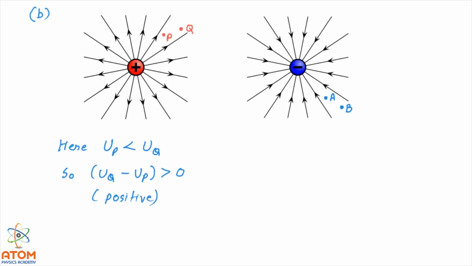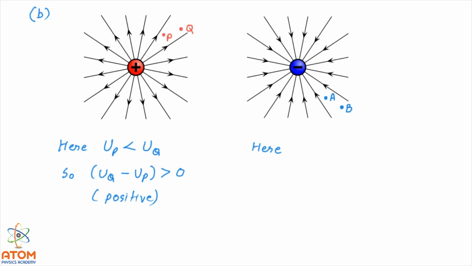Same way, in the second figure, here also we can think. See, this is a negative charge, and we are going to put a negative charge here. This is all about putting a negative charge at point A. Now, if you put a negative charge at point A, it will have repulsion. And at point B also, it will have repulsion.